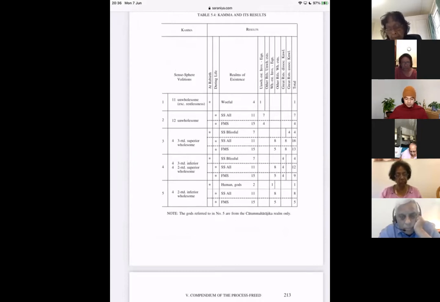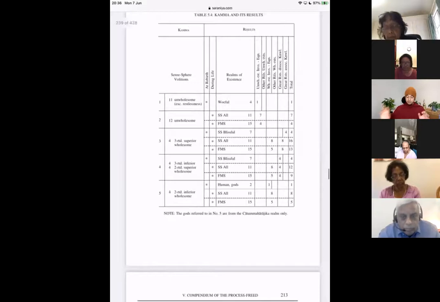That is number 3. Number 3, the 3-rooted superior wholesome, sense sphere. No, you want the FMS. Yes, 5. Superior sphere 15, right? That's correct.